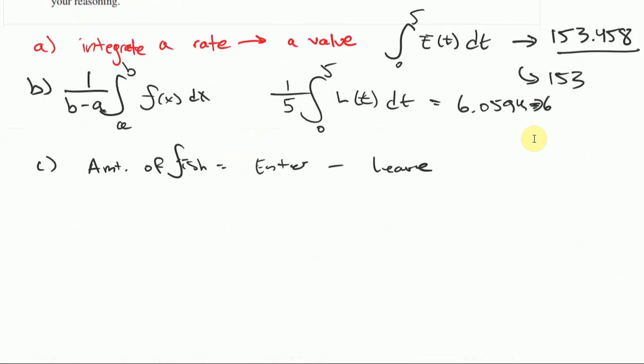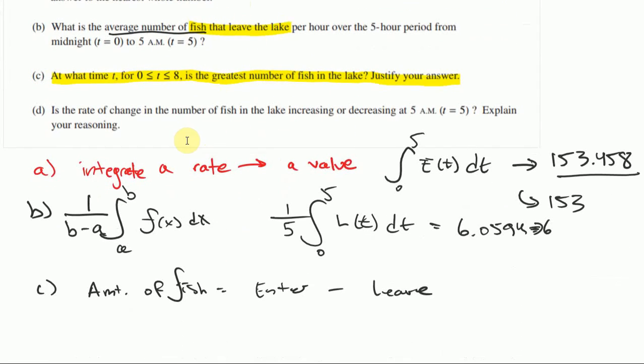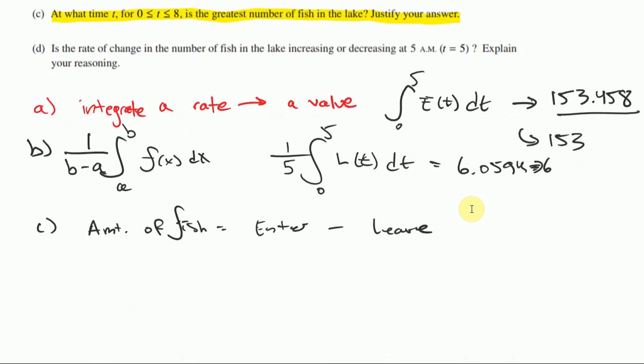So as we said before, we're going to integrate a rate to get a value. For that reason, the amount of fish is equal to the integral from 0 to t of E of t minus L of t dt.